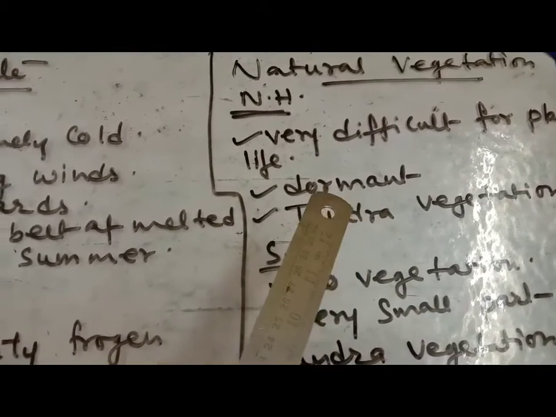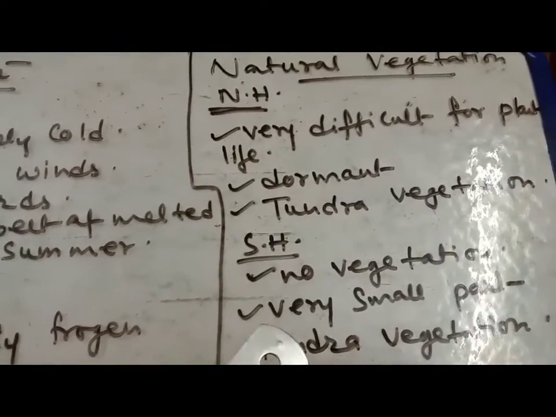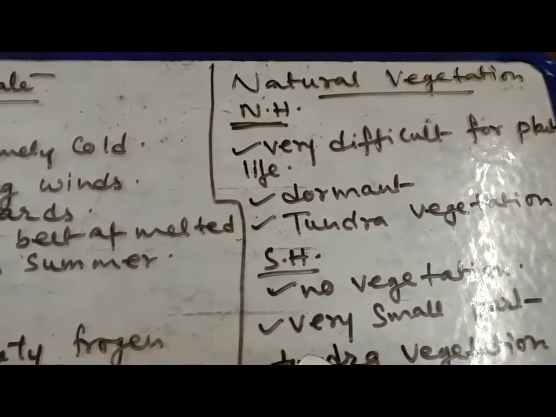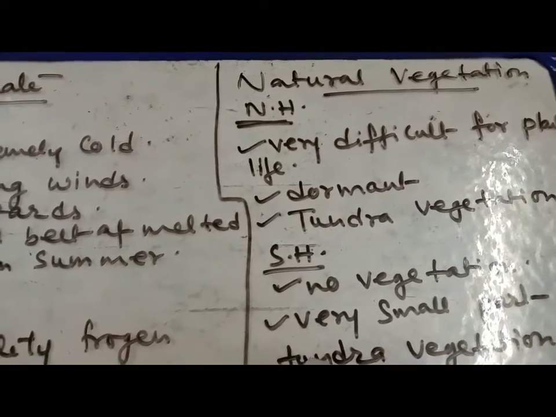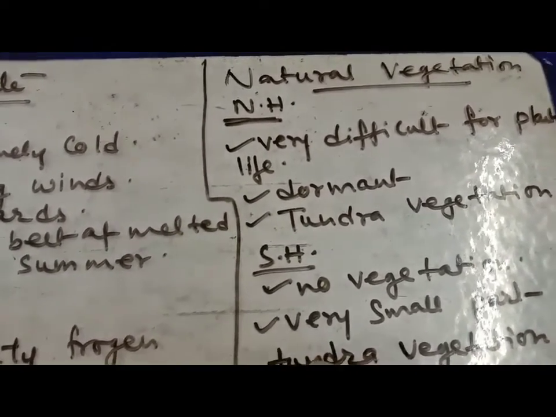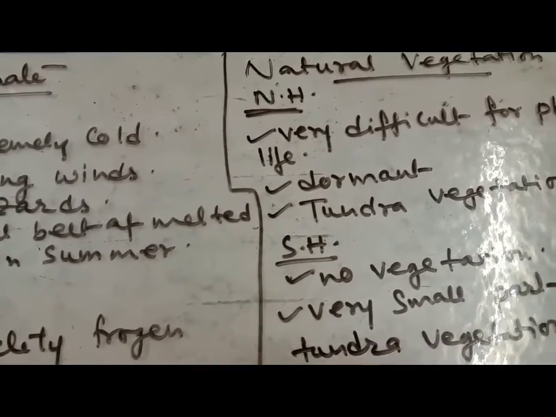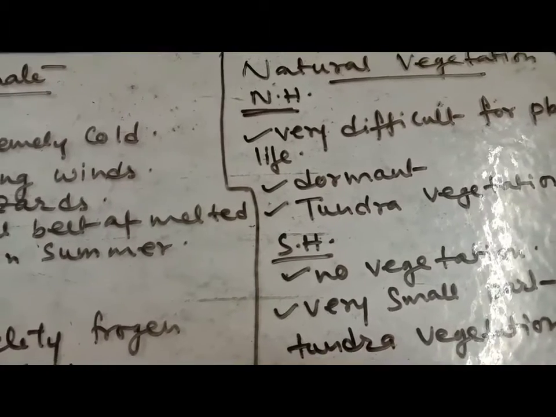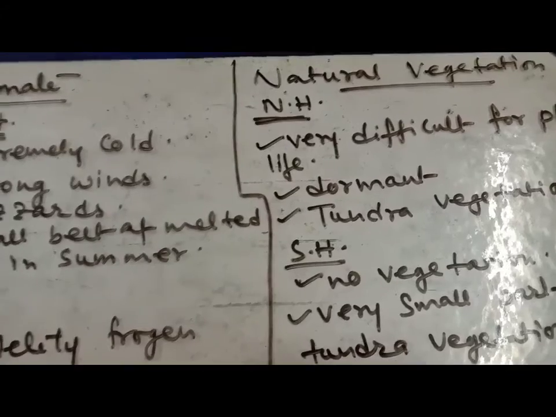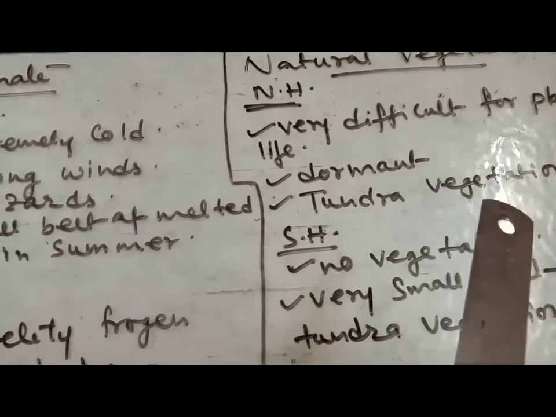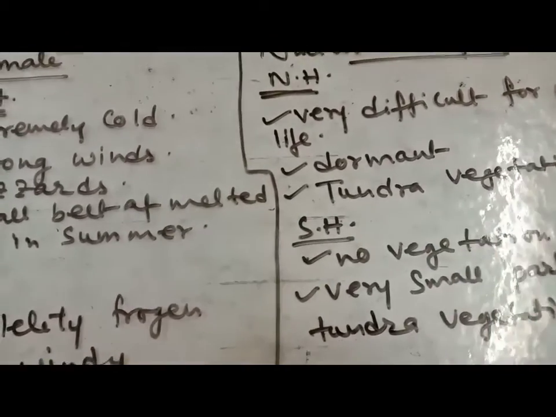Dormant means inactive plants. Especially in the tundra region, in the summer season when the ice melts, we get to see some kinds of moss, lichen, berry bearing plants, small trees and bushes during summer, and this is called the tundra vegetation. Understood?